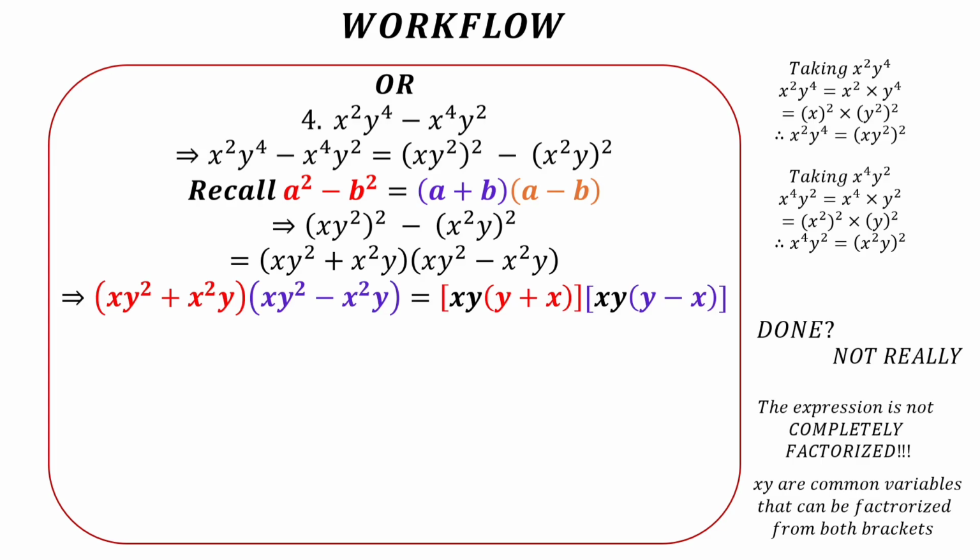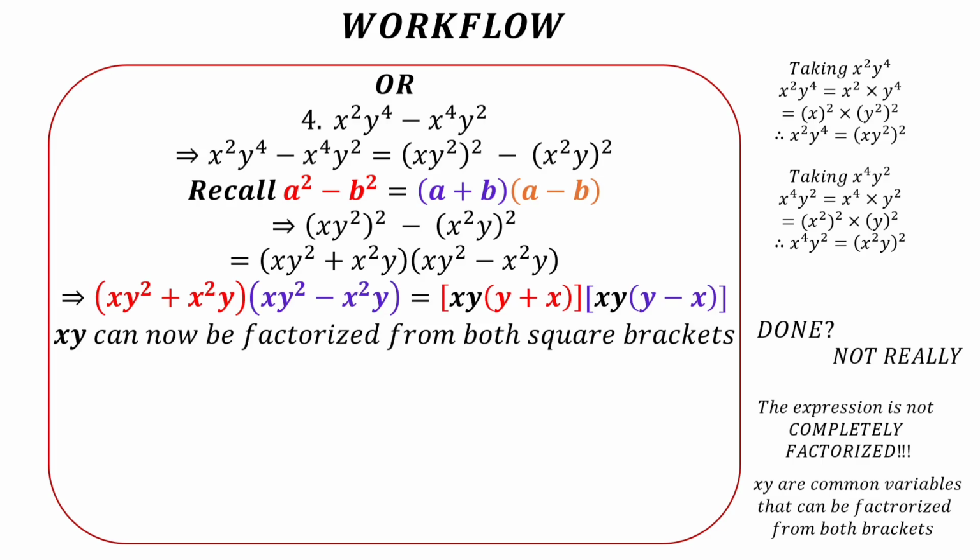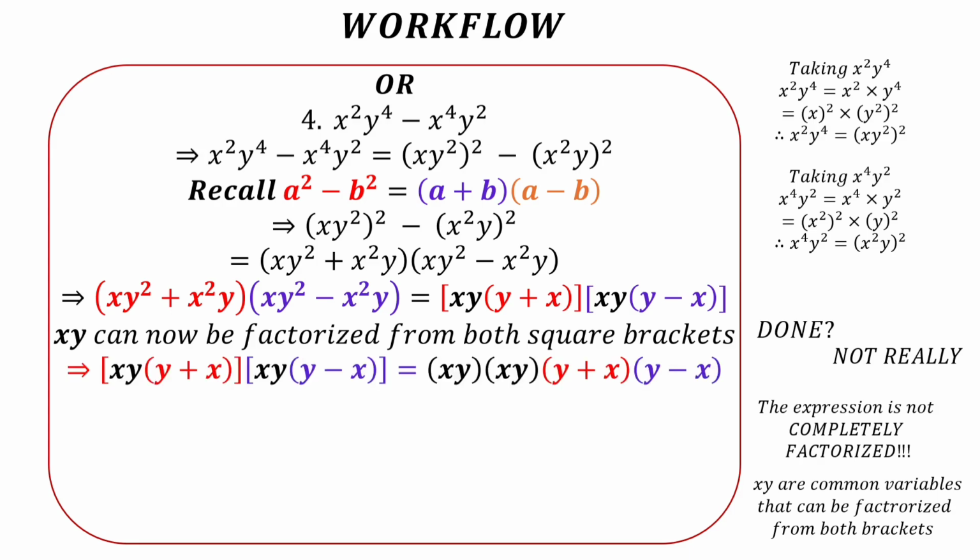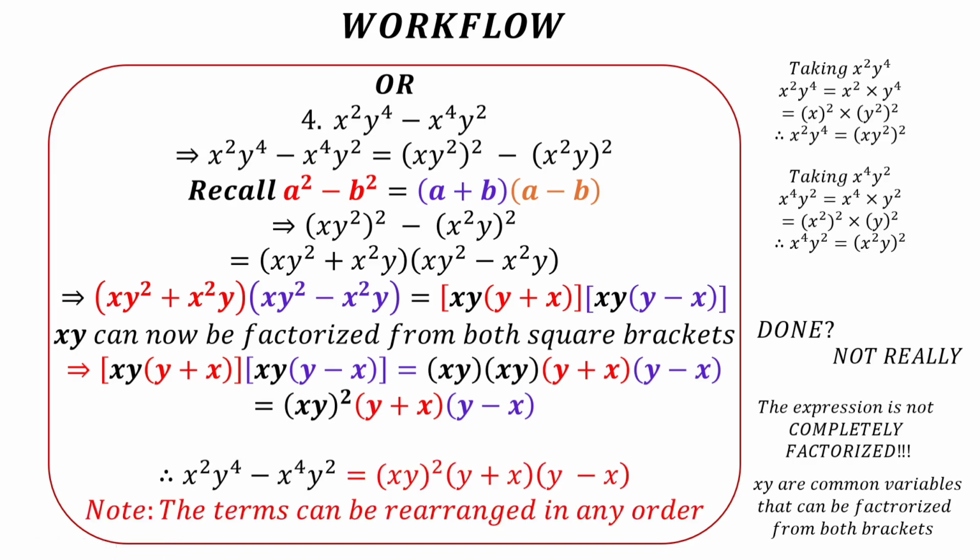We factor out xy from this whole square bracket and then another xy from this whole square bracket. So you end up having two xy's in two separate brackets, and then y plus x, y minus x also in their separate brackets. And this is the same thing as xy to the second power, and that will also give you the same answer as the one we had in the previous slide.